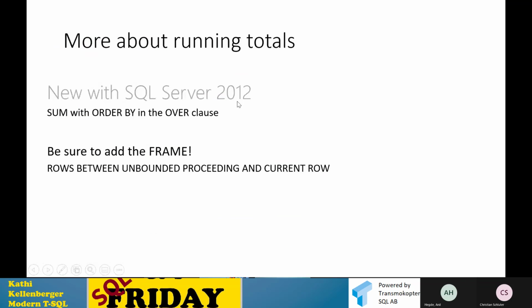Okay, so again, running totals, new with SQL Server 2012. In 2005, you could do a sum over. I'm going to talk a little bit about that in a later demo, which would allow you to add different grouping levels of aggregations.